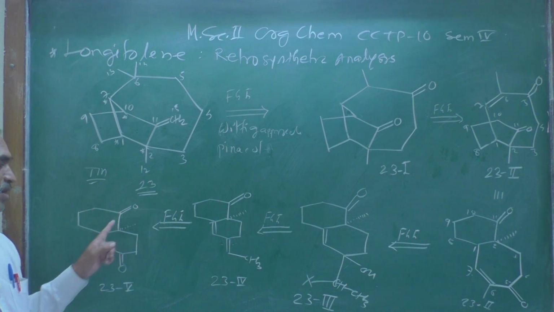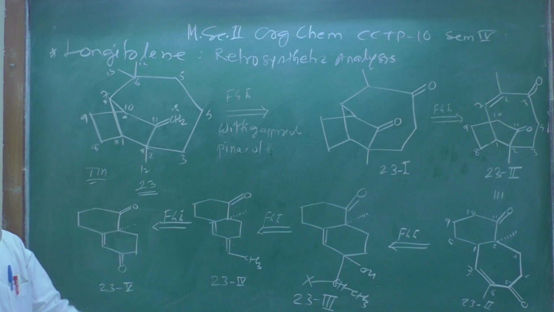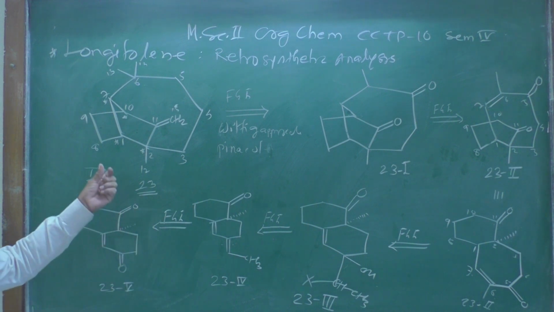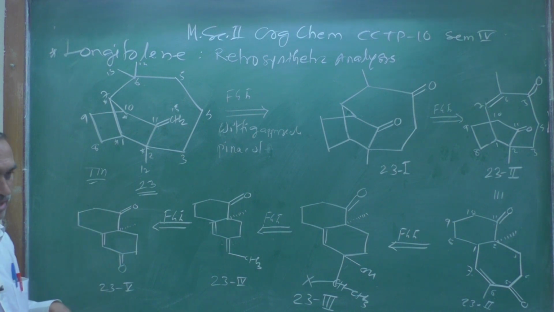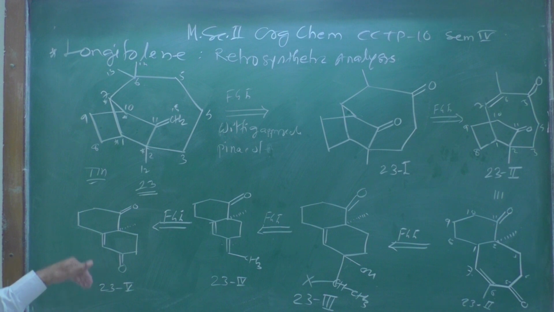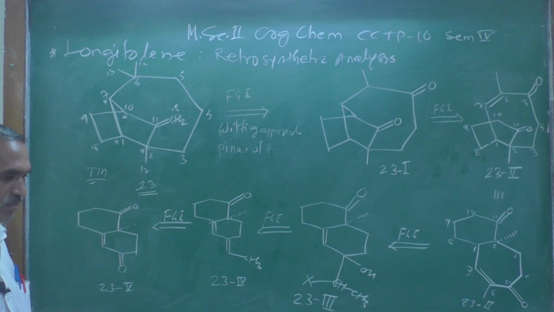So first of all, you have to protect this carbonyl group. If you compare the reactivity between these two carbonyl groups, one is an isolated carbonyl group, whereas another one is a conjugated carbonyl group, meaning an alpha beta unsaturated carbonyl group.